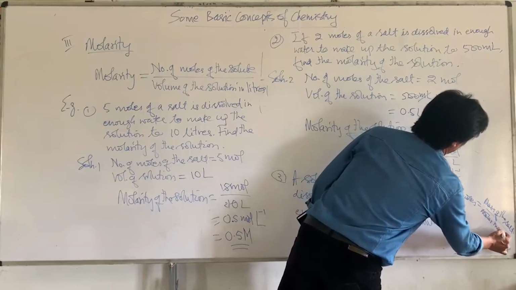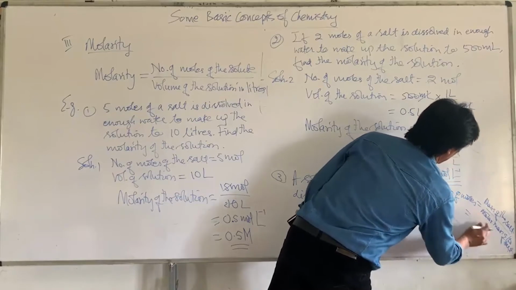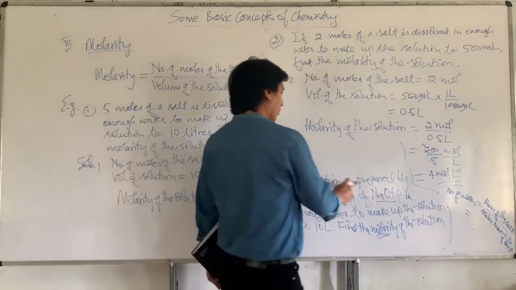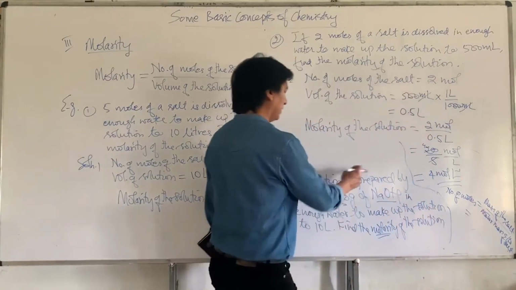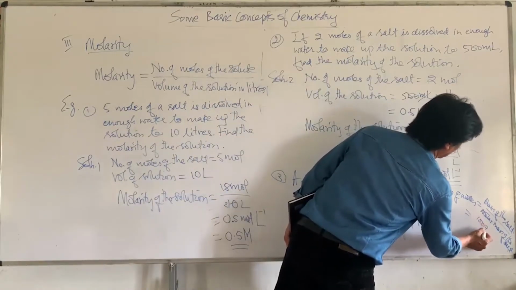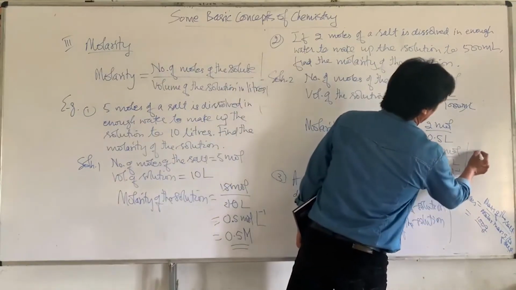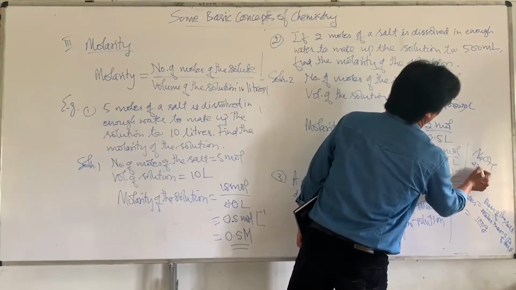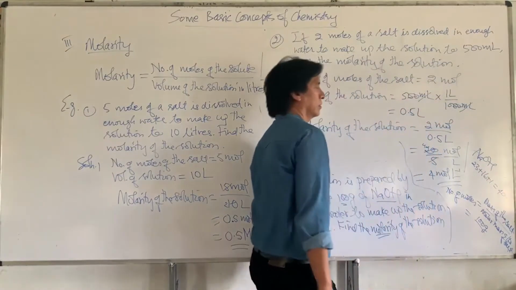So here the number of moles of sodium hydroxide is going to be the given mass of salt, that is 100 grams, divided by the molar mass of sodium hydroxide. You all know that the molar mass of sodium hydroxide is, sodium 23, oxygen 16, hydrogen 1, so total it is 40, right?